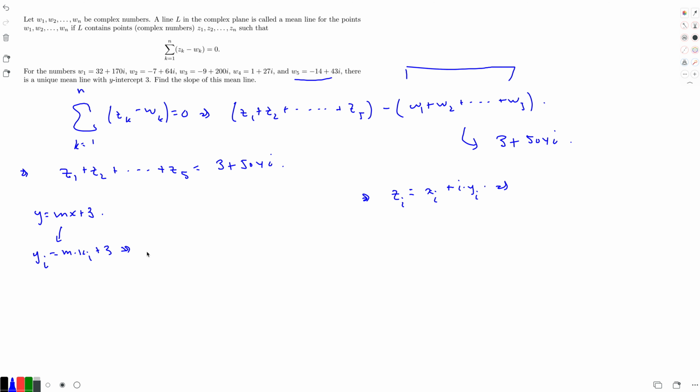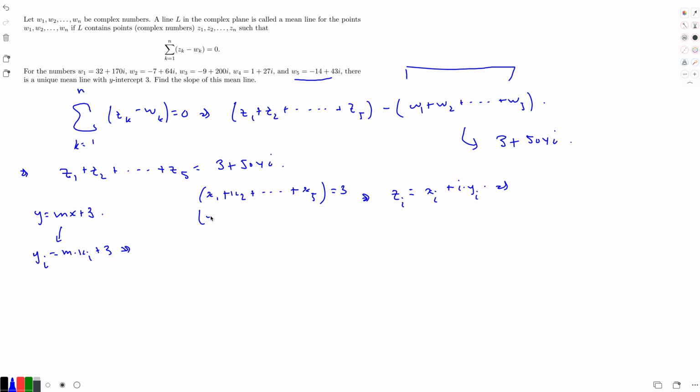All good. So now let's use some other information we haven't used, and that is, we know exactly what the sum of the xi's and the sum of the yi's are going to be. So we have that x1 plus x2 all the way until x5 is nothing but the real part of this, which is just 3.